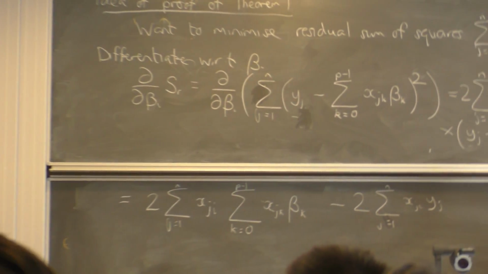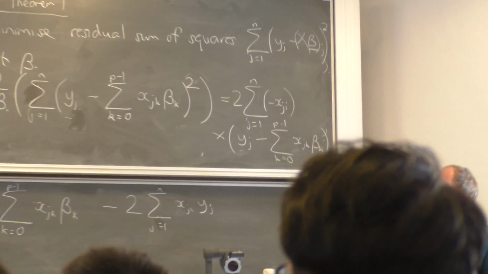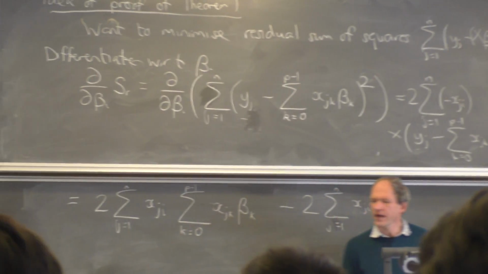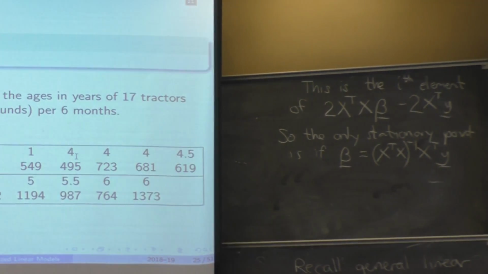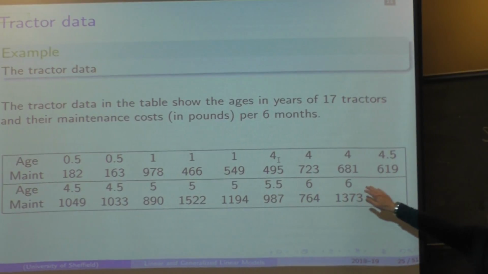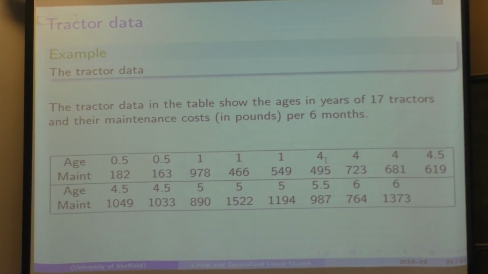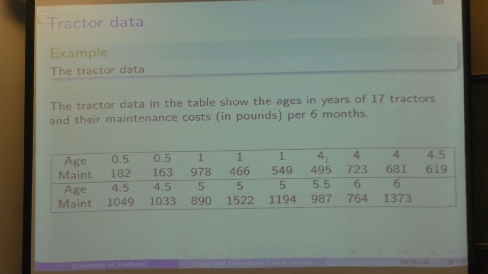It makes sense that an older tractor is likely to cost more to maintain. So here's the data. There are 17 data points. The ages range from half a year to 6 years, and we've got the maintenance costs, in pounds, for 6 months given here.